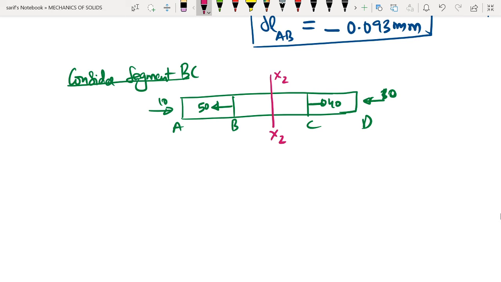We have to consider the free body diagram of the region either to the left or to the right of the section. The thumb rule is that you consider the free body diagram of that portion which has the least number of forces. In this case it is the same, because both sides of the section have 2 forces each. So we can consider any portion. Let us consider the free body diagram to the right of the section.